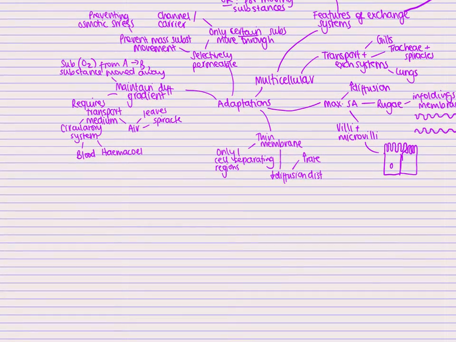And we can see using Fick's equation, so if I scroll down here and put Fick's equation, that all of these different factors help to increase the rate of diffusion.